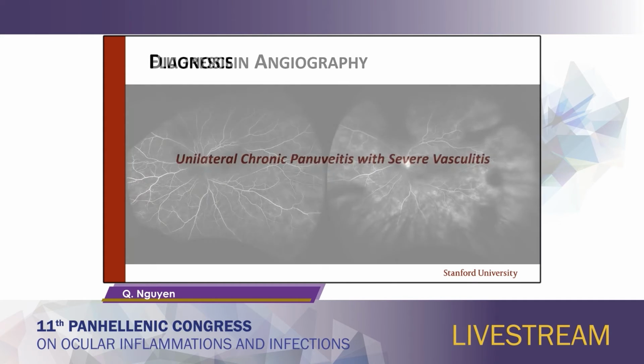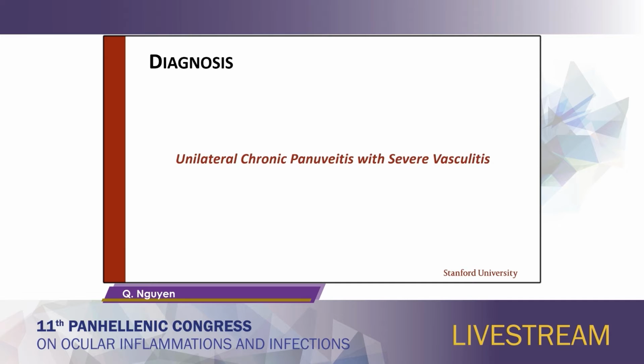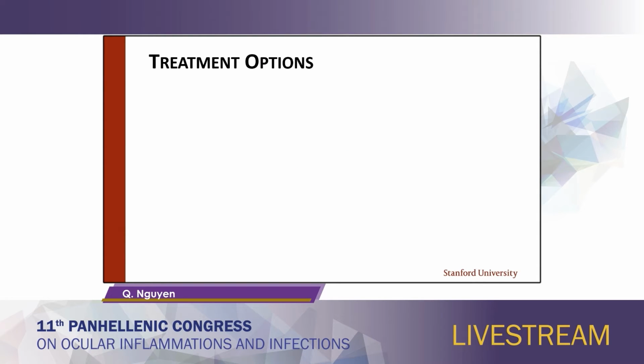Based on the clinical findings as well as the findings on fluorescein angiography, a diagnosis of unilateral chronic panuveitis with severe vasculitis was made. At this time, what may be our treatment option?